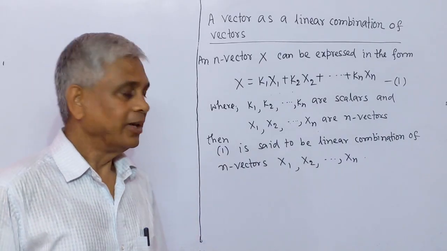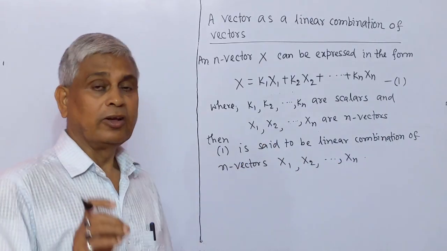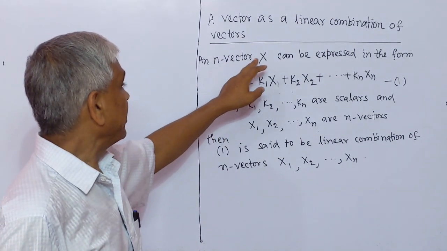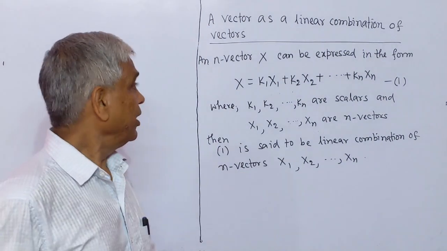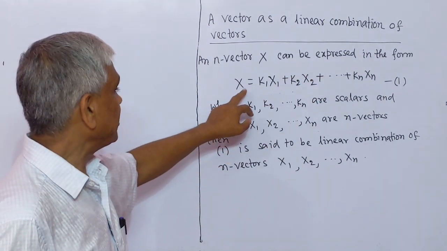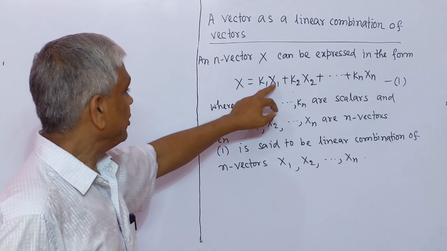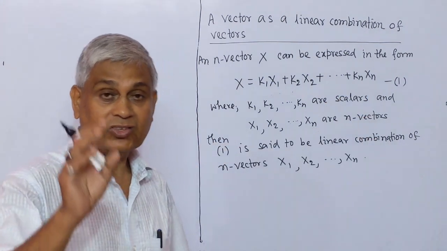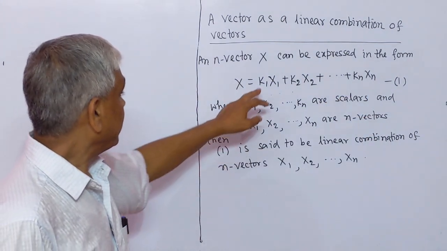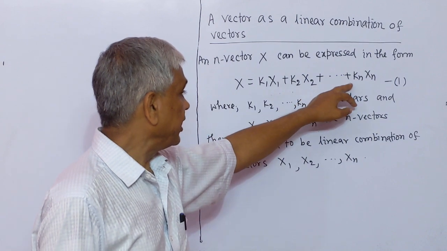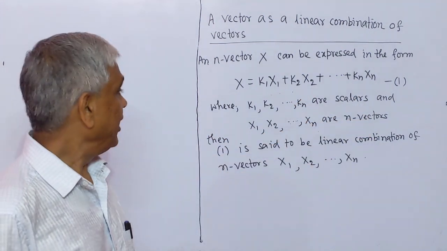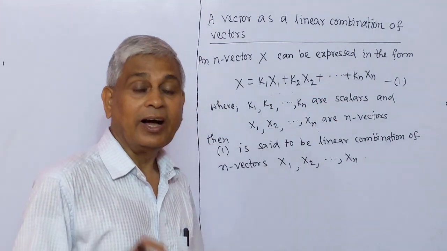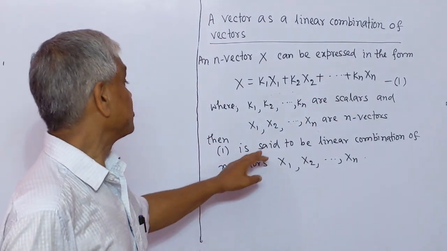Now we define the linear combination of n vectors. An n vector X can be expressed in the form of capital X equal to k1 X1 plus k2 X2 plus dot dot dot plus kn Xn. This is number 1, where k1, k2, dot dot dot, kn are scalars and capital X1, capital X2, dot dot dot, capital Xn are n vectors.